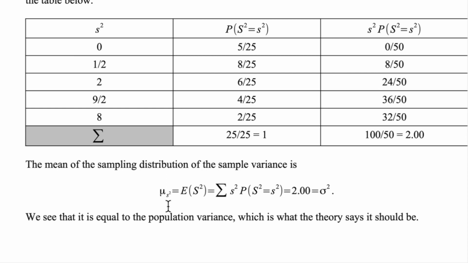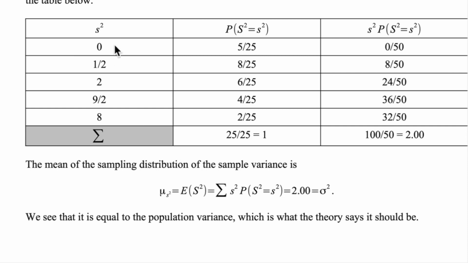So, and let me just emphasize something here. We're not saying that the random variable is always equal to sigma squared. In fact, it's obvious that that's not the case. In fact, in this example, there's only one value in the sample space for S squared that is actually equal to the population variance.